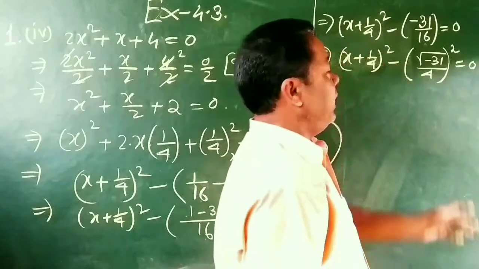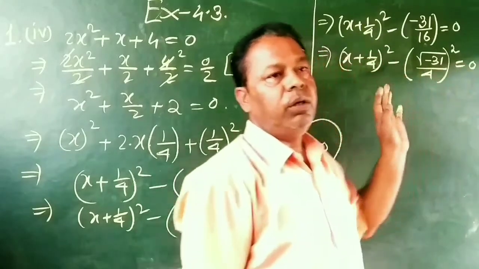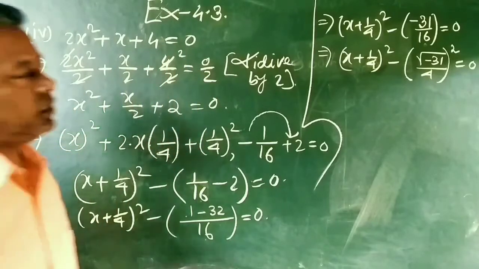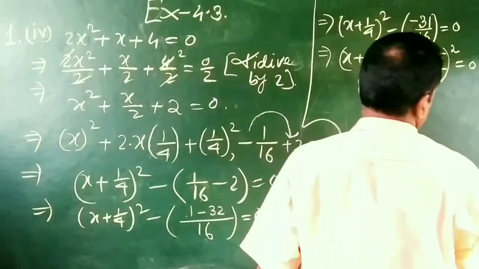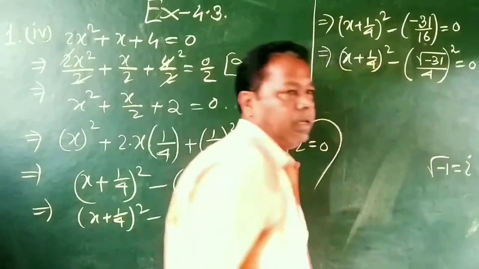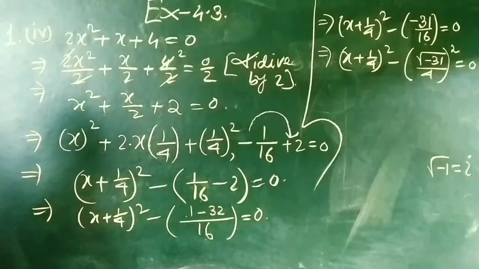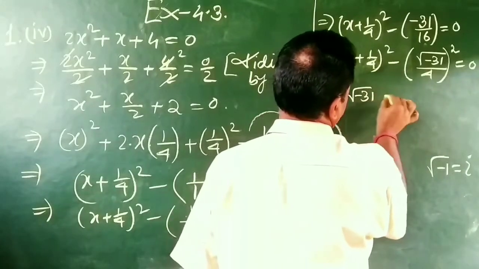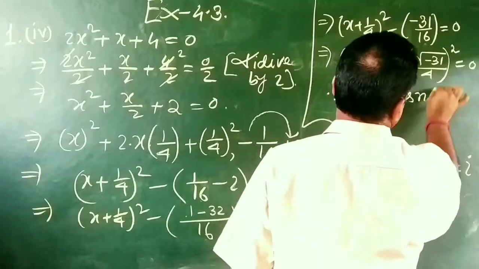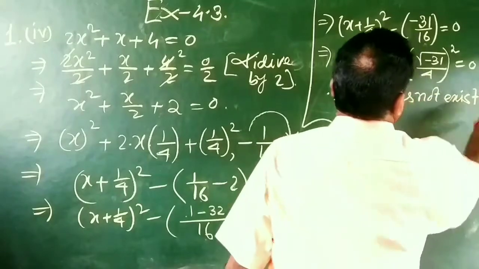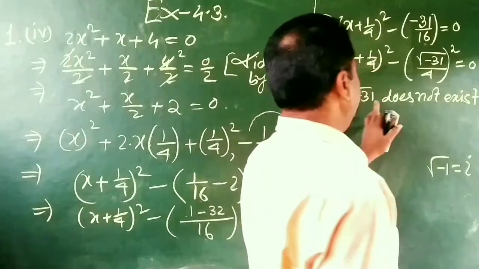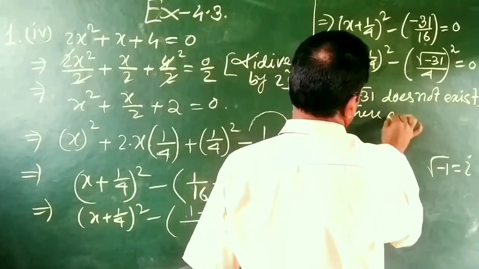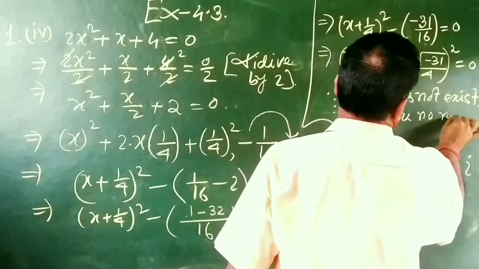But here we find the square root of minus 31, which is imaginary. So roots do not exist here. Roots will not exist because square root of minus 1 is called i, an imaginary number. So we can write: since the square root of minus 31 does not exist, therefore there are no real roots.